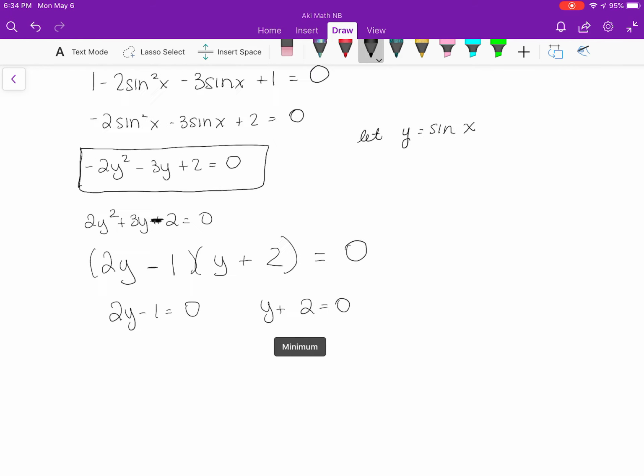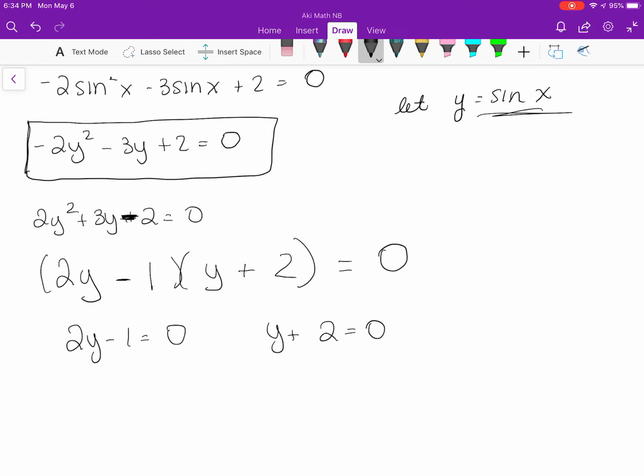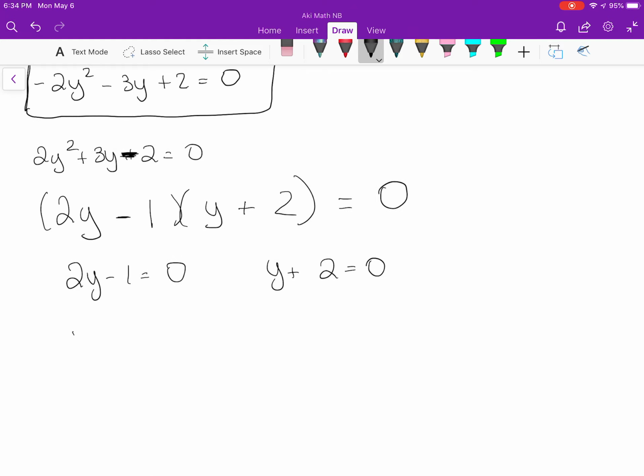Now I'm going to substitute the sine x back into y. It just makes it a little easier for me with the algebra part, and I see you kind of had done that a bit there too, so that's good. So now we know then that 2 sine x equals 1, sine x equals 1/2, sine x equals -2.